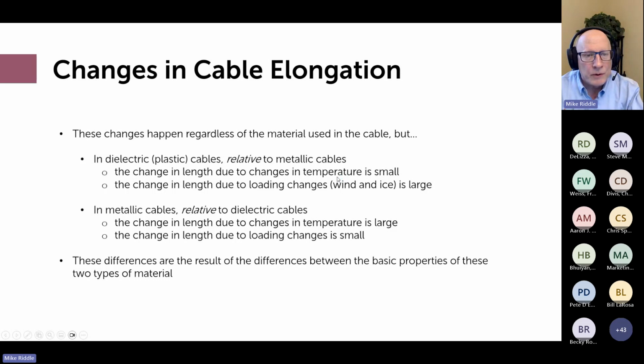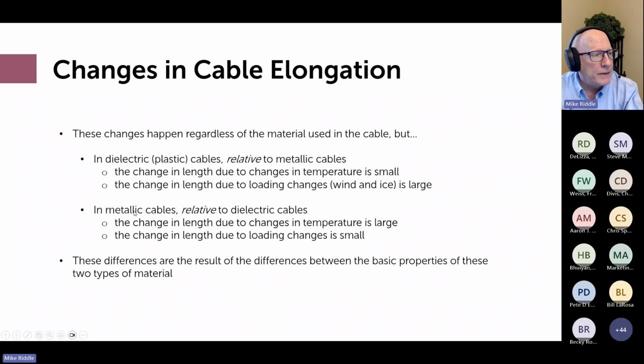Why? Because the thermal coefficient of expansion of the materials used in a dielectric cable is on the order of 10 times less, maybe even more, than that of a metal cable. But because of the nature of plastic materials, the change in length due to loading changes, so wind and ice load, is very large. So plastic cables stretch a lot when they're under load.